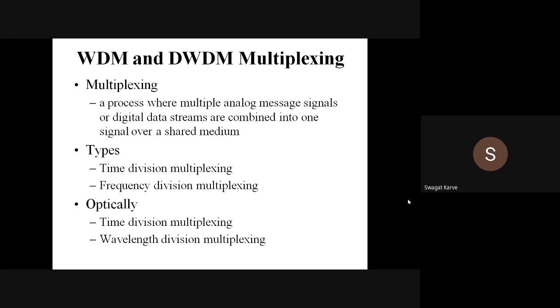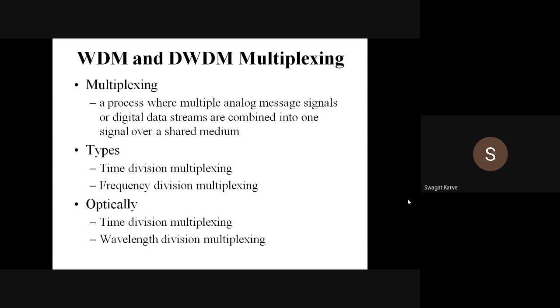That means many to one conversion. For your simple understanding, many to one conversion is the multiplexer, and one to many conversion is the job of the demultiplexer.